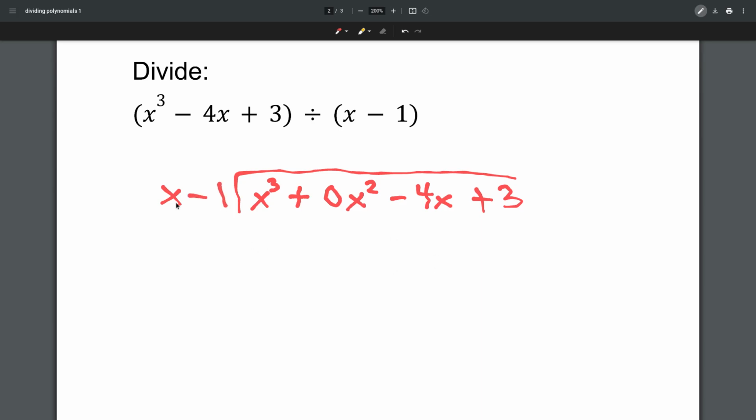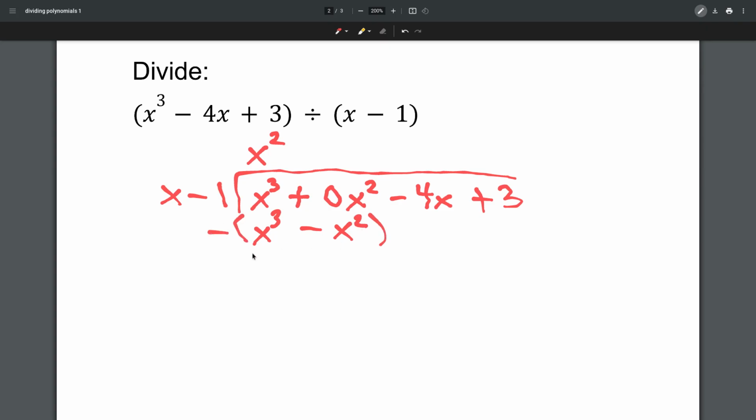Okay, so I've got to think, what do I multiply x by to get x cubed? Well, if I multiply x by x squared, that'll give me x cubed. So x squared times x, that's x cubed. And then I do x squared times negative 1, that's a minus x squared. So notice the placeholder is now going to come in handy.